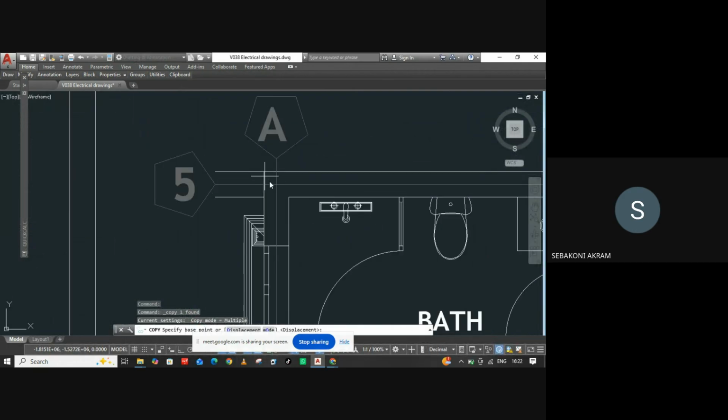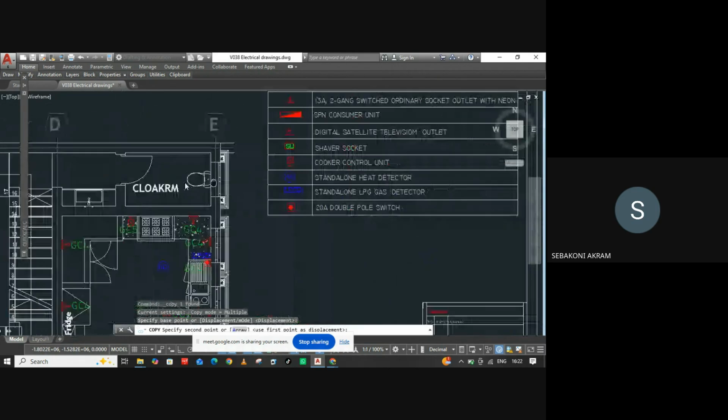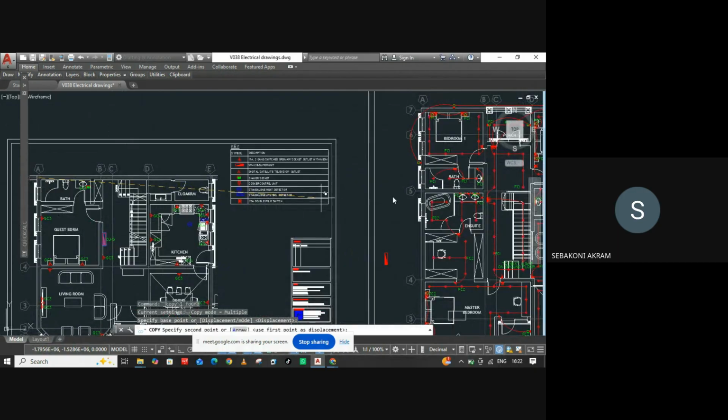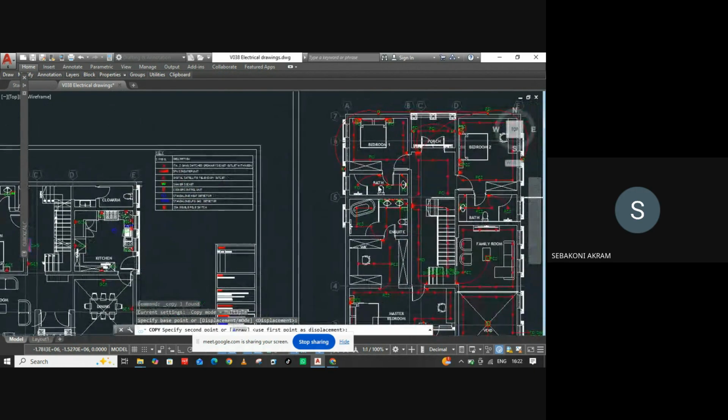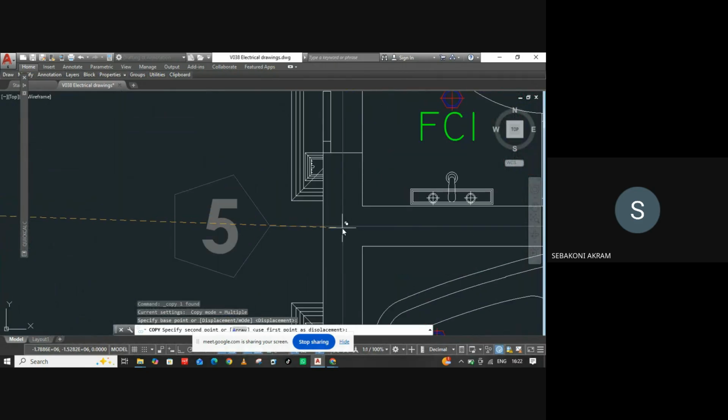You come to maybe 5 and A, you copy, you select it from there. We're copying the selection, are you seeing? Moving it to the same position on the next floor above, I have to look for 5 and A, around there, so I position it there.